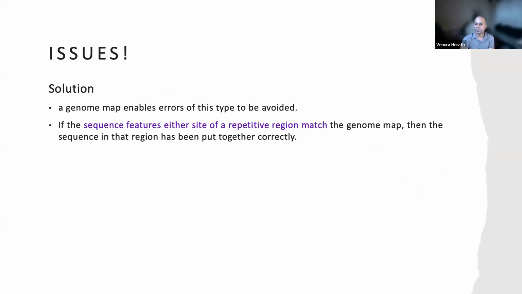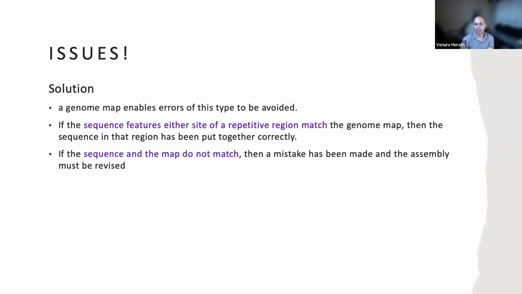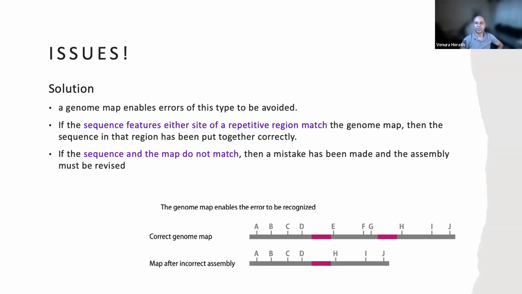Because if you think about your sequence features, and they match the genome map, then you can put them correctly. And if they are not matching, then you have to revise your assembly, because you know the genetic map and they are not fitting. So therefore you have to do something about it. Maybe another round of sequencing or a different approach in order to overcome these issues.